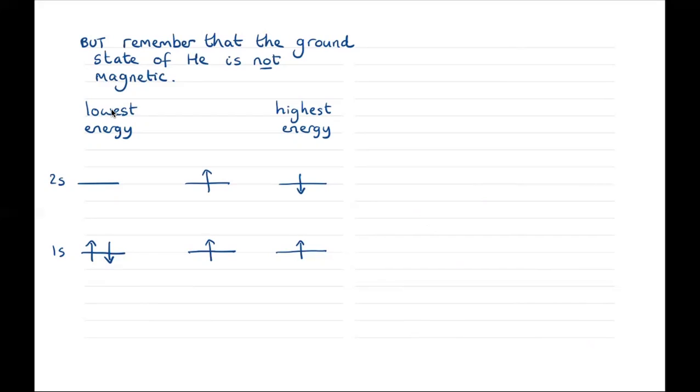And the difference between these two is 2J. So we can see that for helium to be magnetic, we would need the energy difference of taking an electron from the 1s to the 2s to be less than the energy that's saved, the 2J that's saved by giving both of the electrons the same spin, and that's not the case.